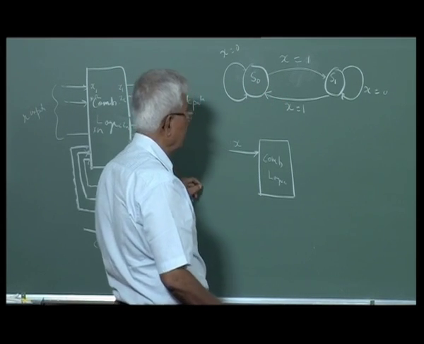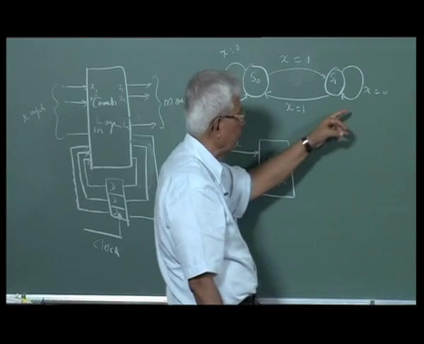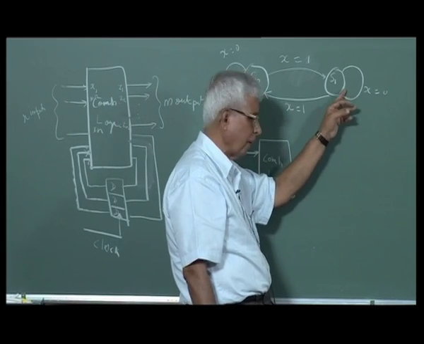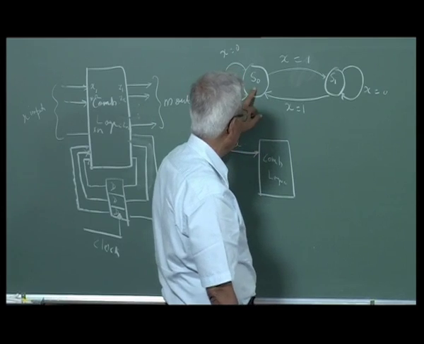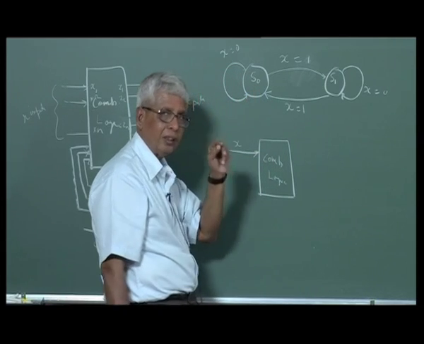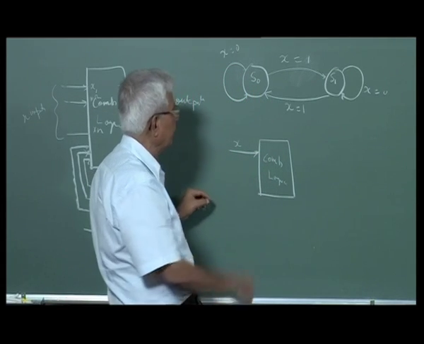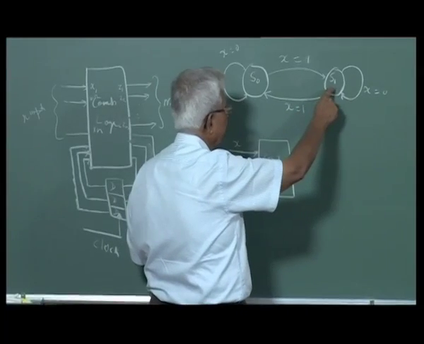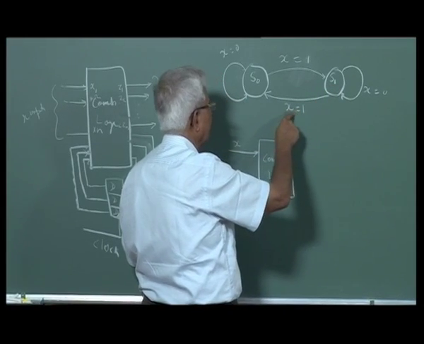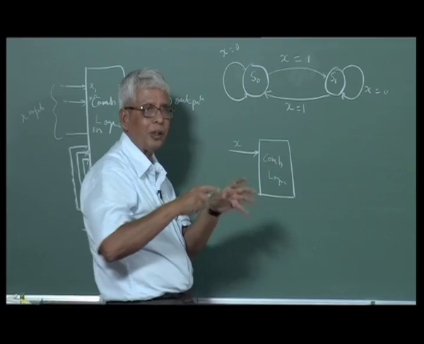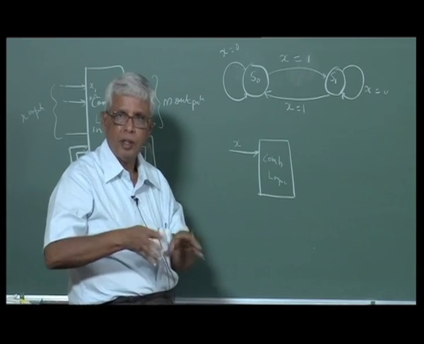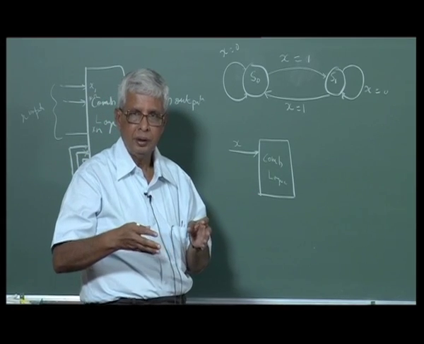If the present state is S1 and you give x equal to 0, it remains in S1. If you are in S0 and give x equal to 1, it goes to S1. Similarly, in S1 if you give input x equal to 1 it goes to S0. It toggles between S0 and S1 if x is 1. It is a simple circuit.